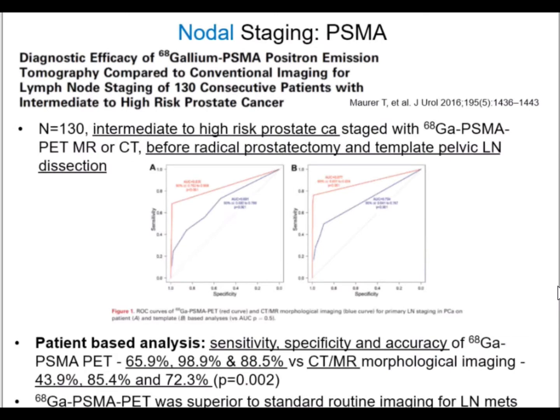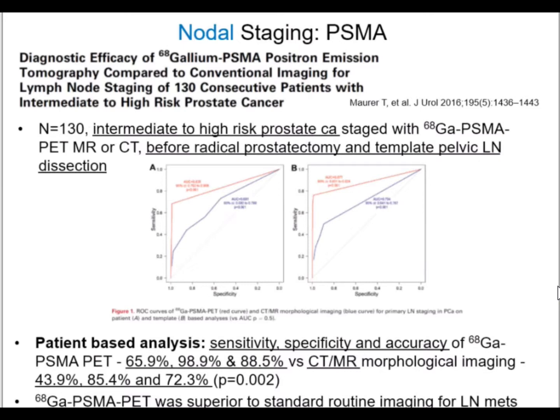Now, for PSMA, its utility in lymph node staging: this is a study of 130 patients with intermediate to high-risk cancers staged with PSMA PET, MR, or CT before prostatectomy and lymph node dissection. The red curve represents PSMA PET, compared to conventional imaging of CT or MR on the blue curves.